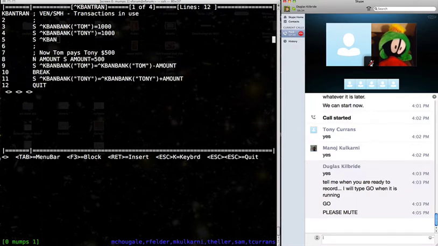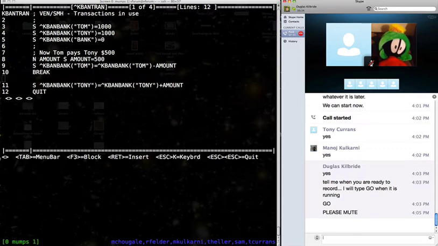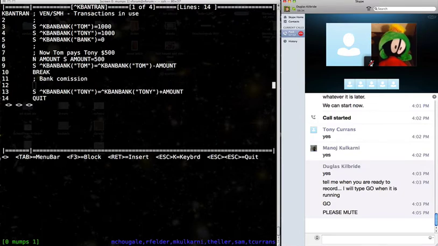Let's actually create a third account, which is the bank itself, and it starts out with 0. We're going to do the bank commission. Of course, the bank has to take a piece out of everything.